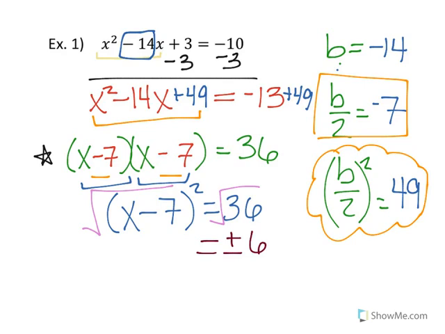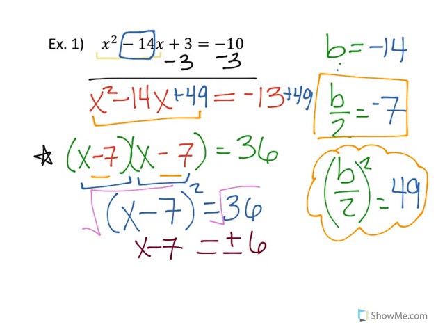That plus or minus is the reason why we're going to end up with 2 answers. Now when I take the square root of x minus 7 squared, the square root and the square are going to cancel each other out because they are inverse operations of each other. So all that I'm left with is the x minus 7.